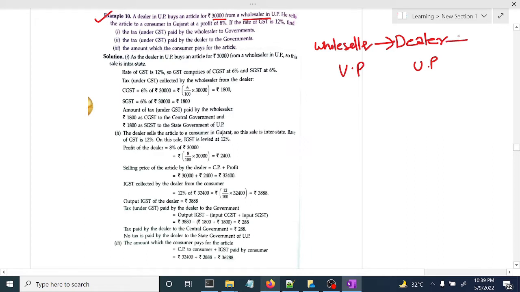Then he sells to a consumer. That consumer is in Gujarat, at a profit of 8%.